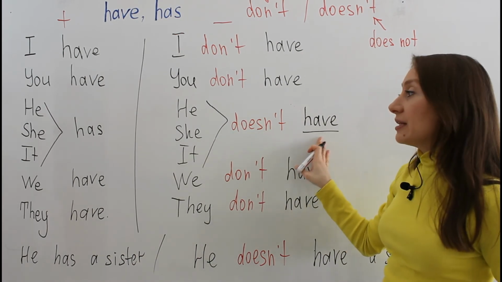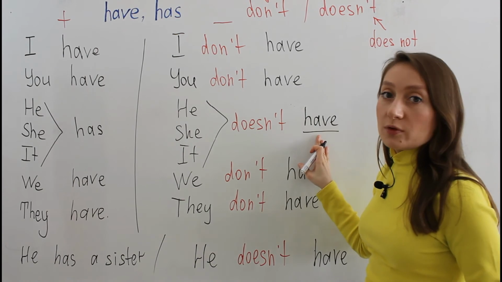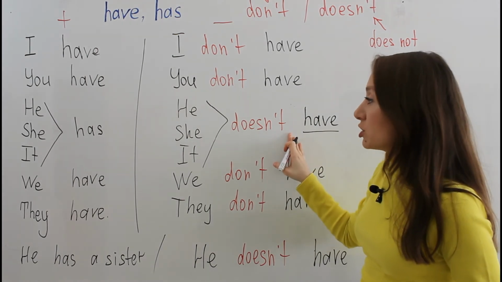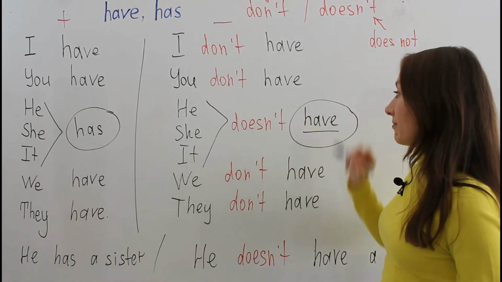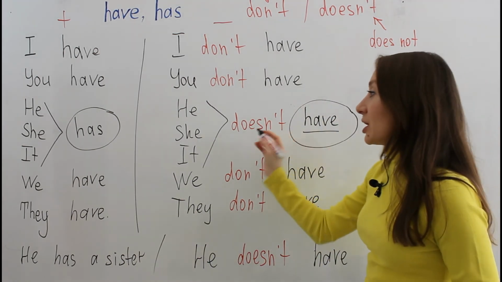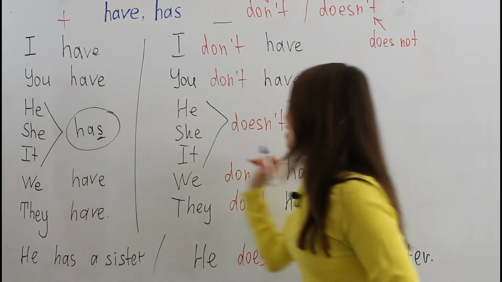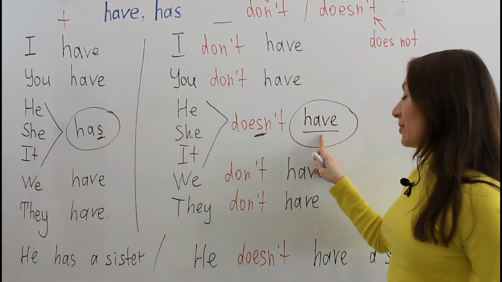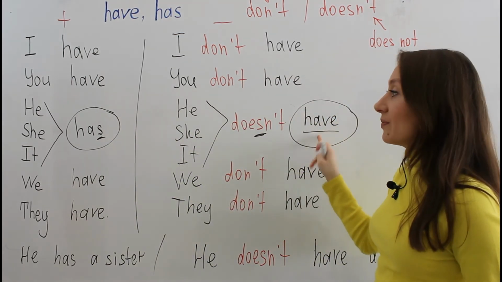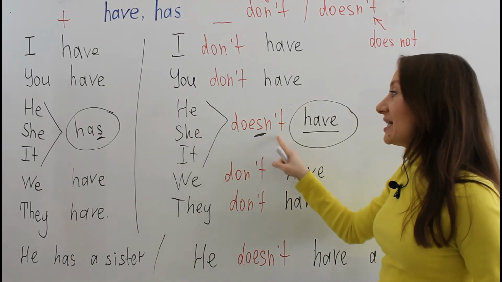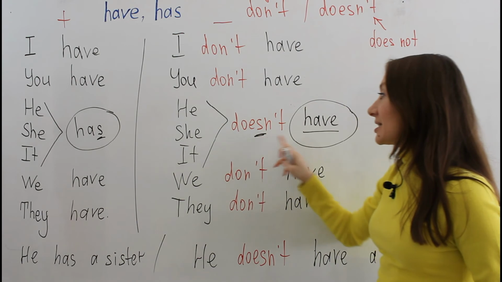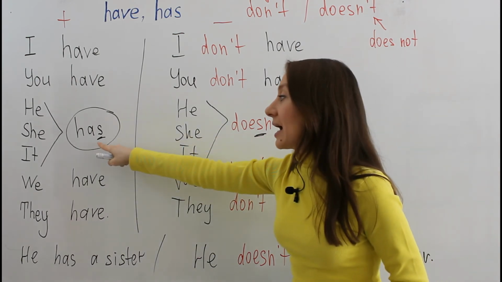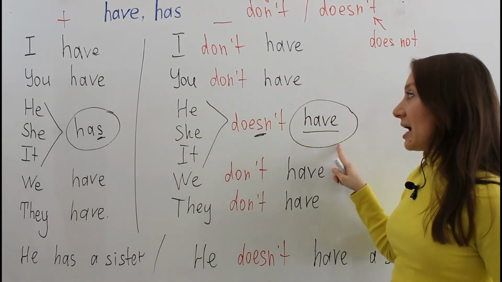So you have the number one form of the verb have. So you change the verb has into have, right? Because imagine like this s comes here and it becomes the first form, okay? So he has, he doesn't have. She has, she doesn't have. It has, it doesn't have.